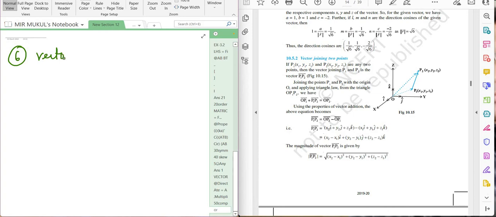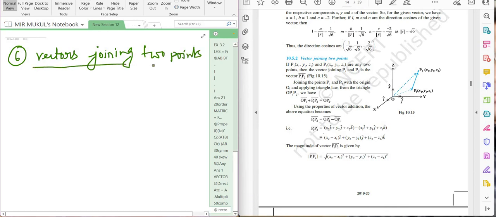Sixth concept, vectors joining two points. Okay, so suppose one point is P, that means OP.